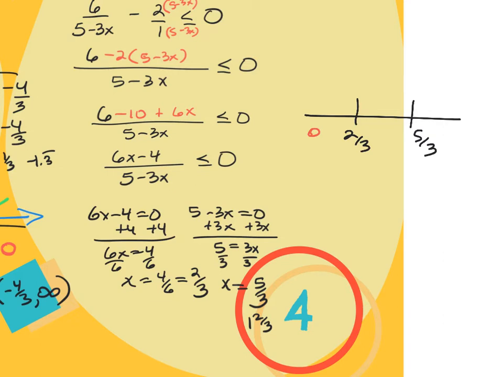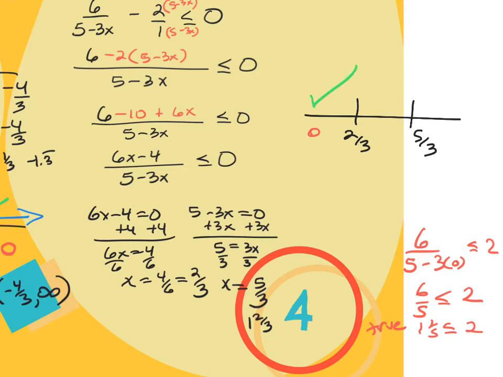So let me go ahead and take my original problem and plug in 0. So 6 over 5 minus 3 times 0, less than or equal to 2. 6/5 less than or equal to 2. This is 1 1/5. So this is a true statement. So where I have the 0 gets a check mark, then an X, then a check.